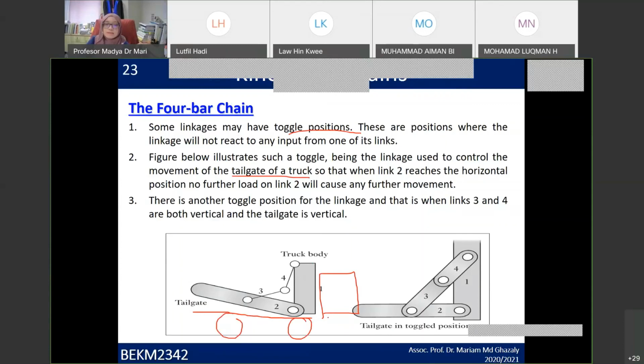Sorry, my drawing is really bad. So you have the truck body here, and this one is the fixed part. It's connected using a 4-bar link. So you can put a motor over here, and the motor will raise it either at 0 degree angle or to the maximum 90 degree angle.